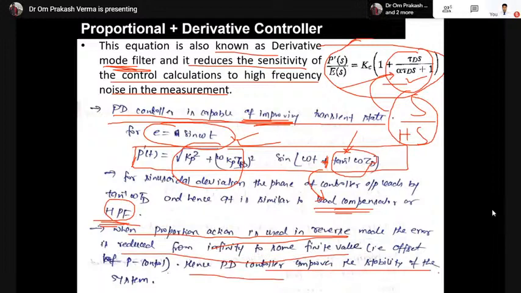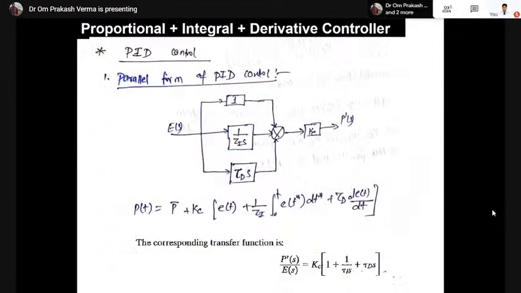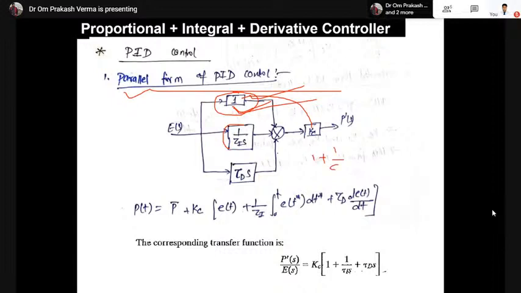Okay, no problem. Now come to the different design parts. First, I will cover the parallel form of the PID controller. For the parallel form of the PID controller, we have taken Kc multiplied with 1 plus 1 upon tau i s, which is the integral term, and the derivative term.